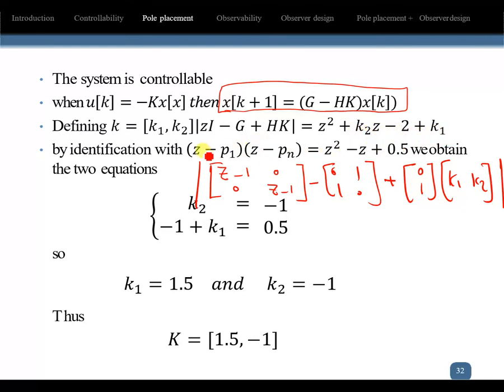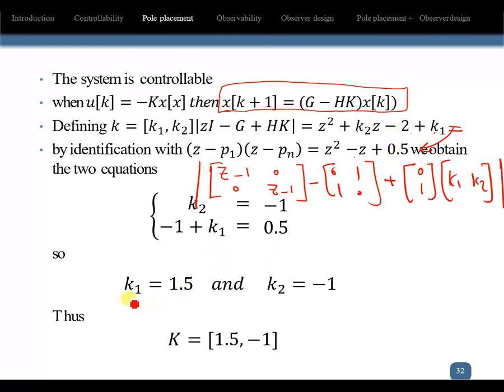and I want it to equal the two desired poles, (z minus p1)(z minus p2), and I know p1 and p2. The multiplication becomes z² minus z plus 0.5, and these two equations should be equal together. The z² is equal, 1 by 1, and K2 equals minus 1, and K1 minus 2 equals 0.5.